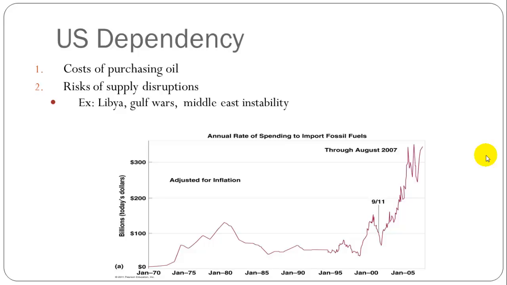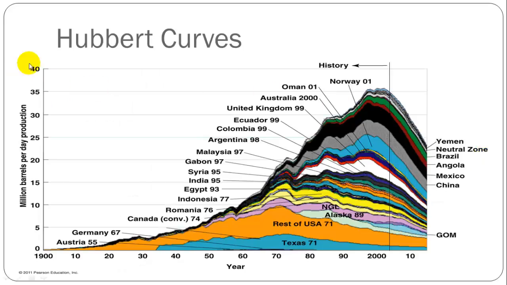And ultimately, there's resource limitations. So there is only so much oil out there. It's not replenishing itself. It's not a sustainable resource. And evidence of this is seen in what are called Hubbert Curves.